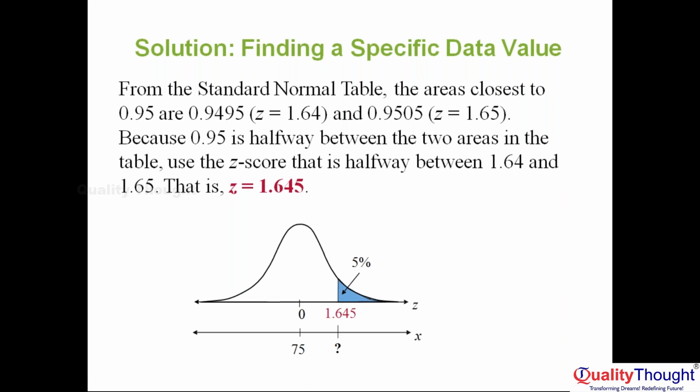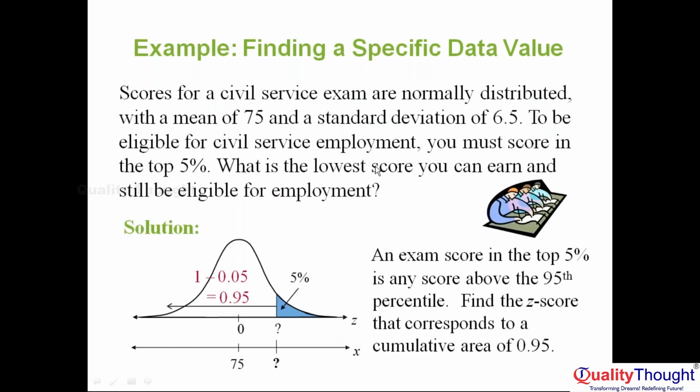Okay, why? Because you don't get the right value here. So what I'm saying, you must score in the top 5%. Top 5% means the requirement is not from the bottom, it is from the top.